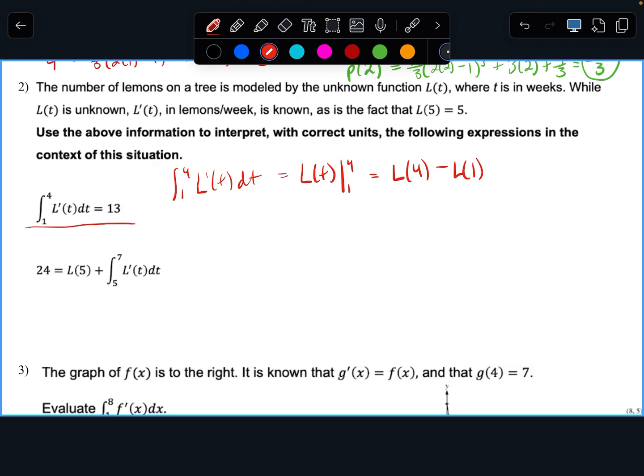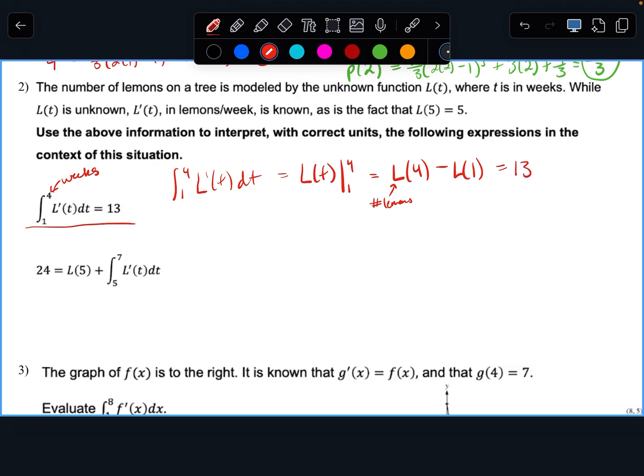So what that means is L is the number of lemons, and 4 and 1 are your weeks. And L is the number of lemons at those times. So this is equal to 13.